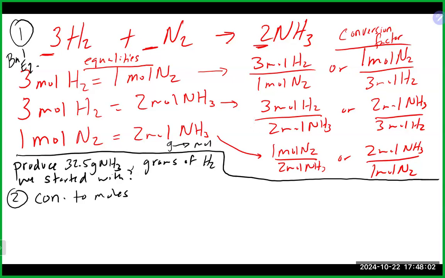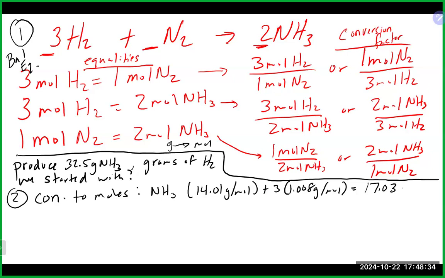So in this case, we would go to the periodic table and look up the molar mass for NH3, and that is 1 nitrogen at 14.01 and 3 hydrogens at 1.008 each. That will give us our molar mass for NH3, which is 17.03 grams per mole.